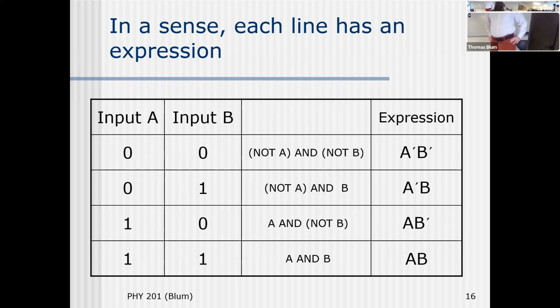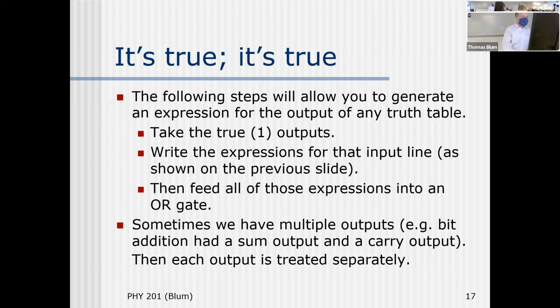All right, so I can write an expression for each row that involves NOTs and ANDs. In the case of 2 inputs, there they are. And now what I want to do is bring in the ORs. So I'm going to have a more generic scenario. In those scenarios I just looked at, there was one 1 and the rest were zeros.